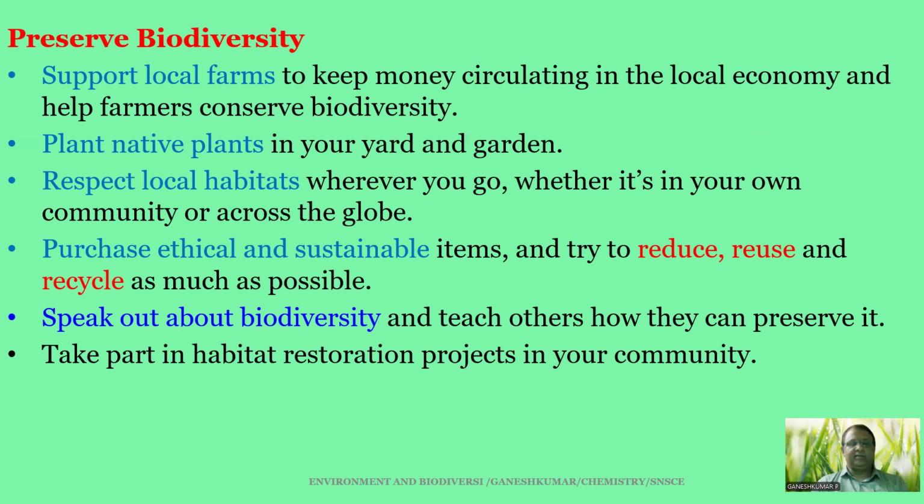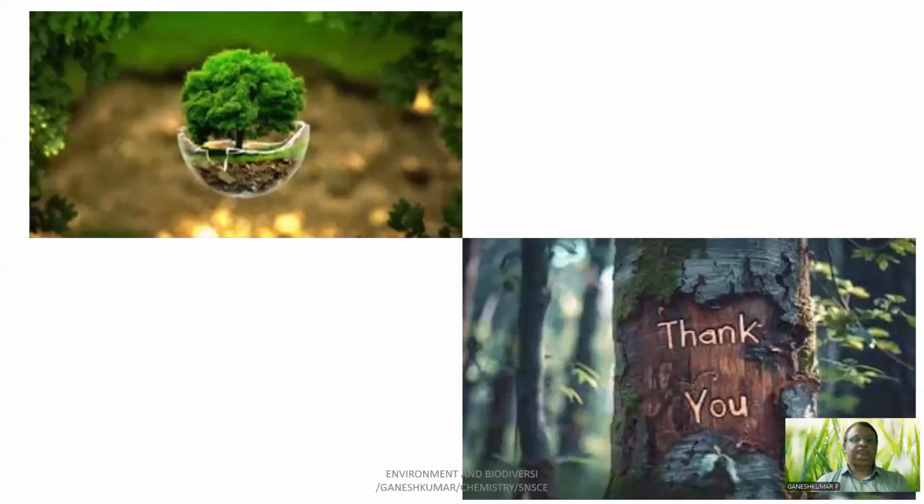Purchase ethical and sustainable items and try to reduce, reuse, and recycle as much as possible. Speak out about biodiversity and teach others how they can preserve it. Take part in habitat restoration projects in your community. These are some suggestions to preserve biodiversity.